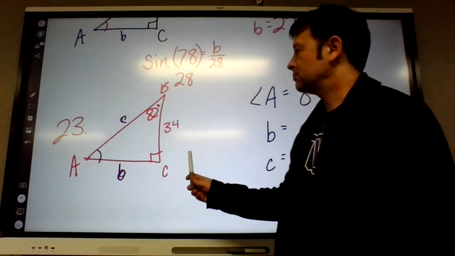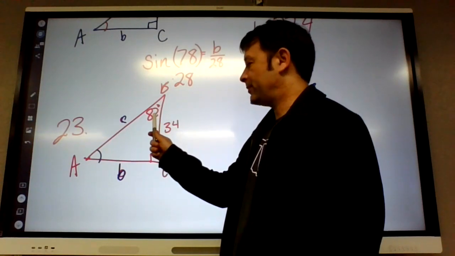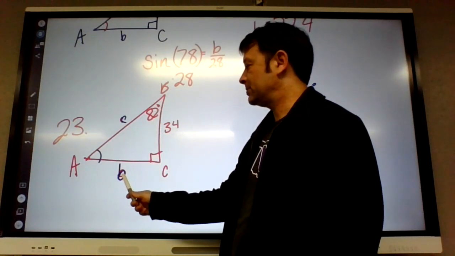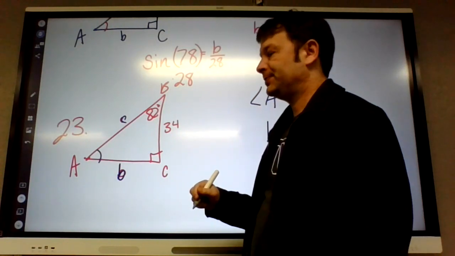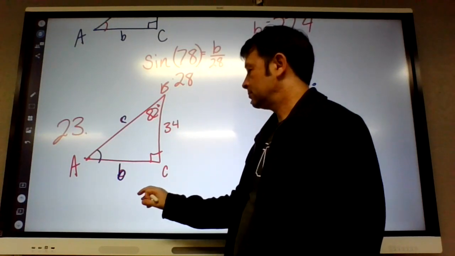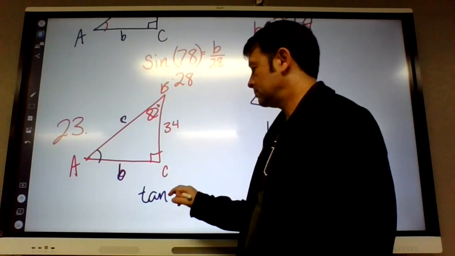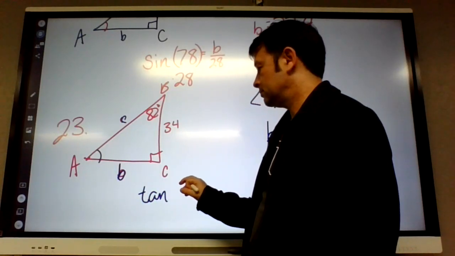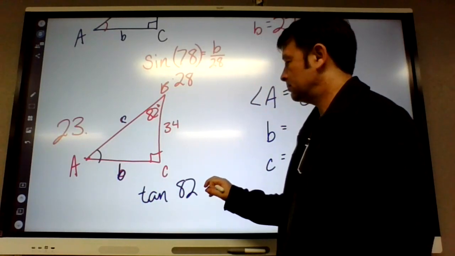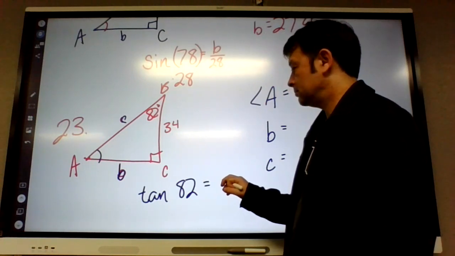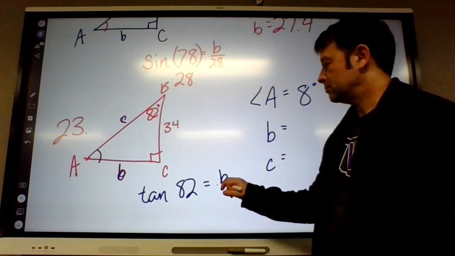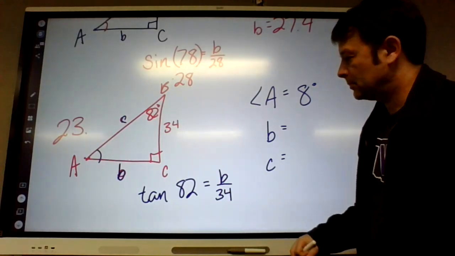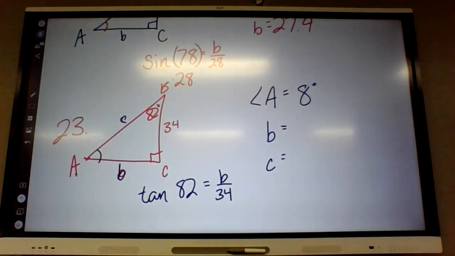Starting from 82, we're looking for opposite, and we have the adjacent, so opposite and adjacent would be tangent. So you do tangent 82 equals B over 34. And then multiply by 34. Tangent 82 times 34.